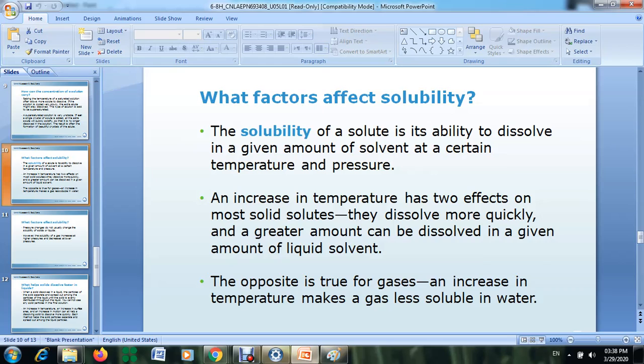Now we want to talk about comparing the solubility of different solutes. For sure not all solutes have the same solubility. I'll give you an example here.